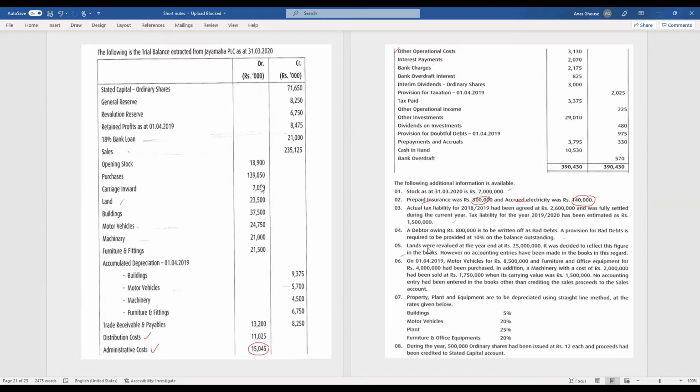If you look at the prepayments, they are 3,795, and the accruals are 330.